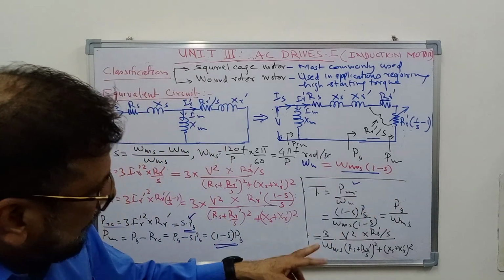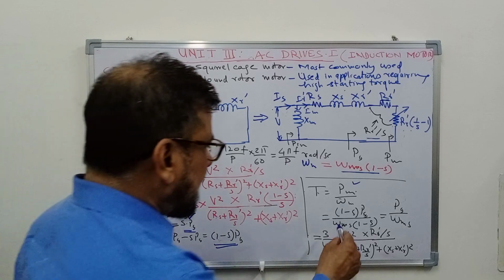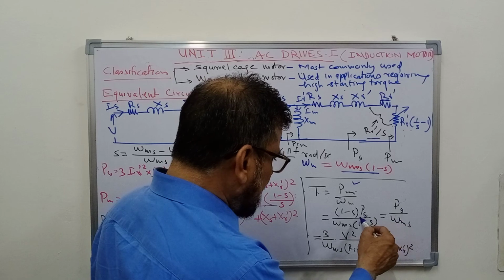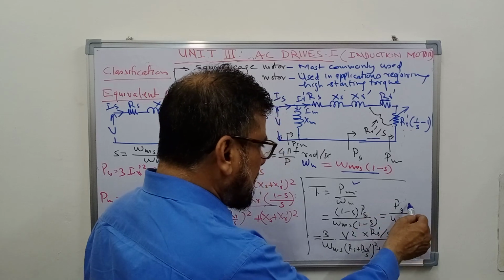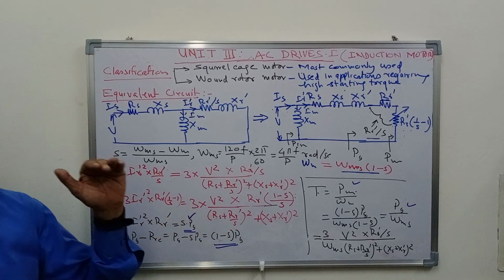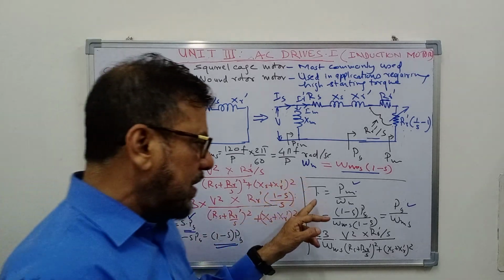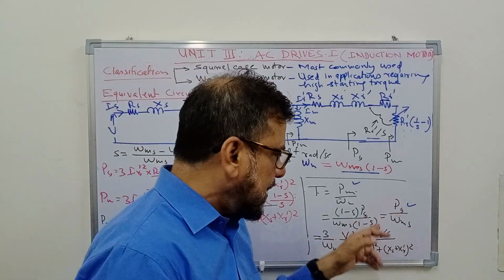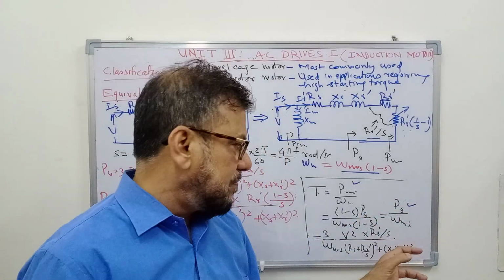So here this is omega ms 1 minus S. So this 1 minus S cancels out and you get Pg upon omega ms. This means that if you know the air gap power, you can find out torque by simply dividing by a constant omega ms, that is synchronous speed in radians per second.